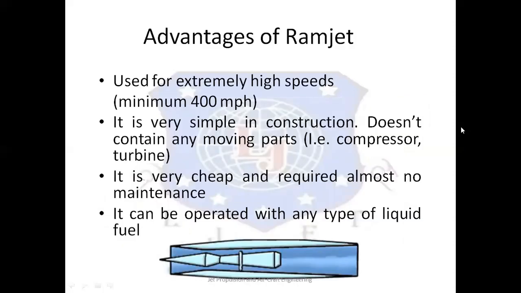Now let's go through the advantages of the ramjet engine. The first advantage is that it is used for extremely high speeds. The second advantage is that it is very simple in construction, since it does not have any moving parts, any rotating parts such as a compressor or turbine. The third advantage is that it is considerably inexpensive compared to the turbojet engine and requires no maintenance.